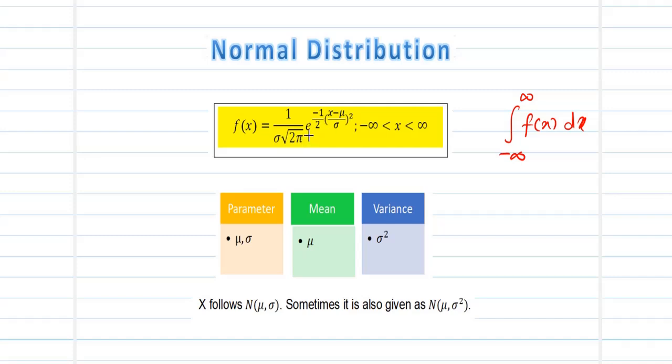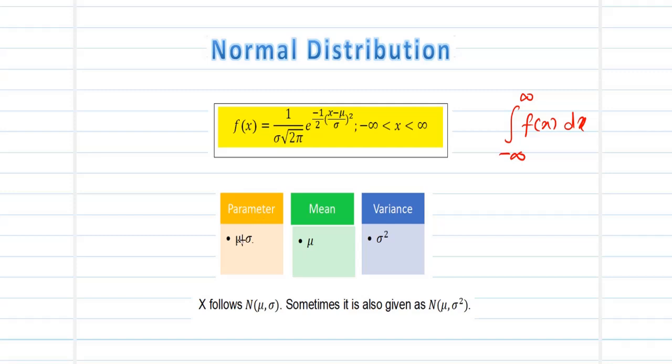Now, what are the elements present over here apart from this x? e is the exponential function, pi is a constant, 2 pi is a constant. So, apart from x, e, 2 pi, we see two things called mu and sigma which are present over here. These two quantities, mu and sigma, are referred to as the parameters of the normal distribution.